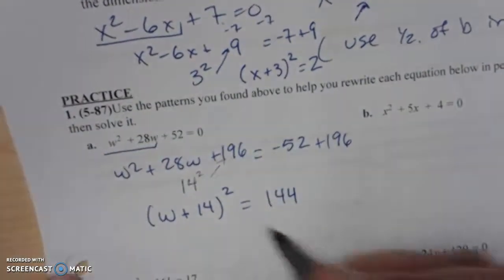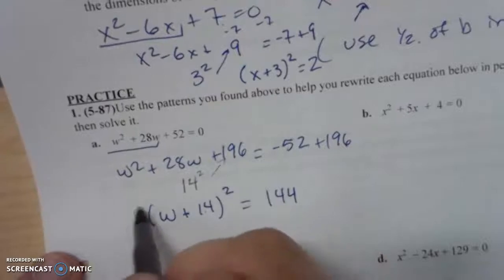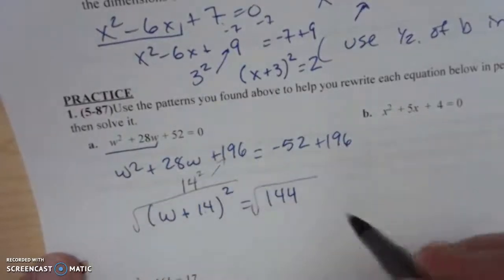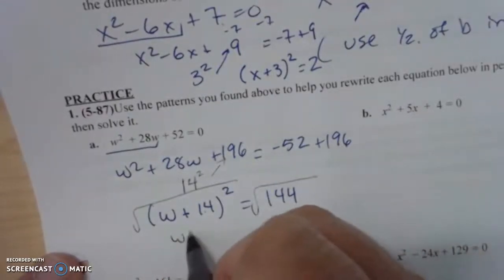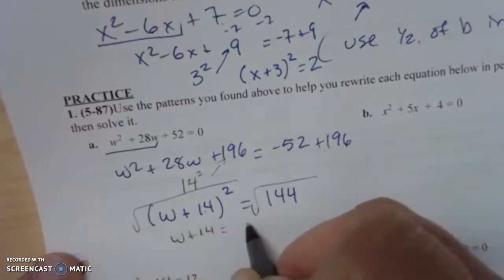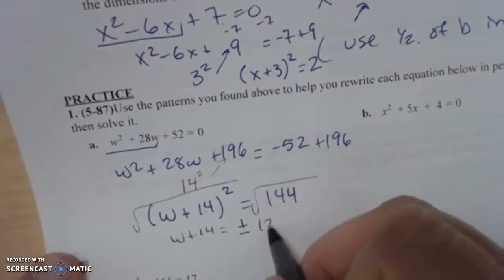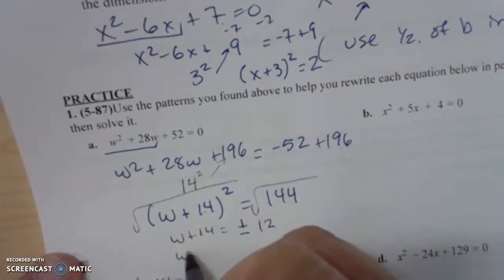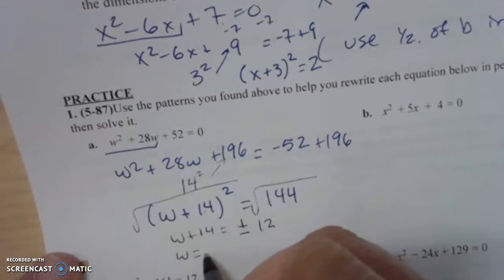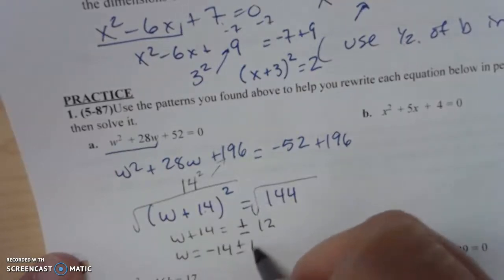Okay. And now solve it. We're going to take the square root of both sides. And we're going to get W plus 14 equals plus or minus, the square root of 144 is 12. So I'm going to get W equals, subtract 14 from both sides, negative 14 plus or minus 12.